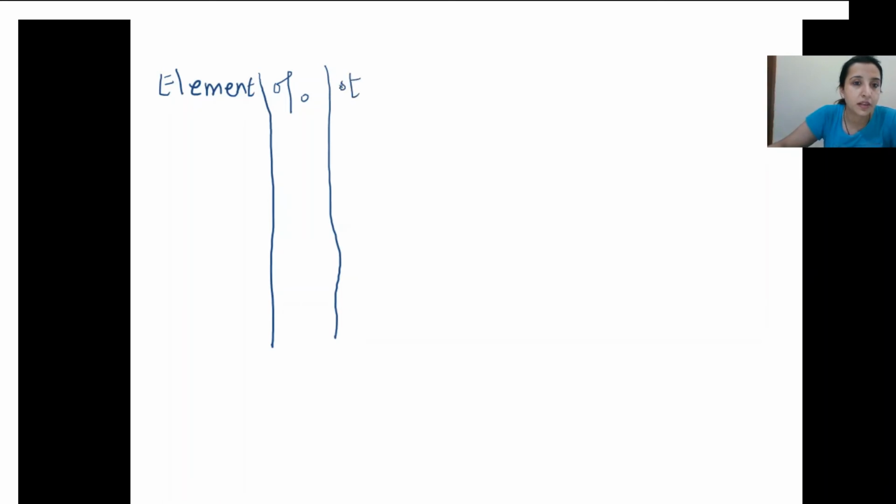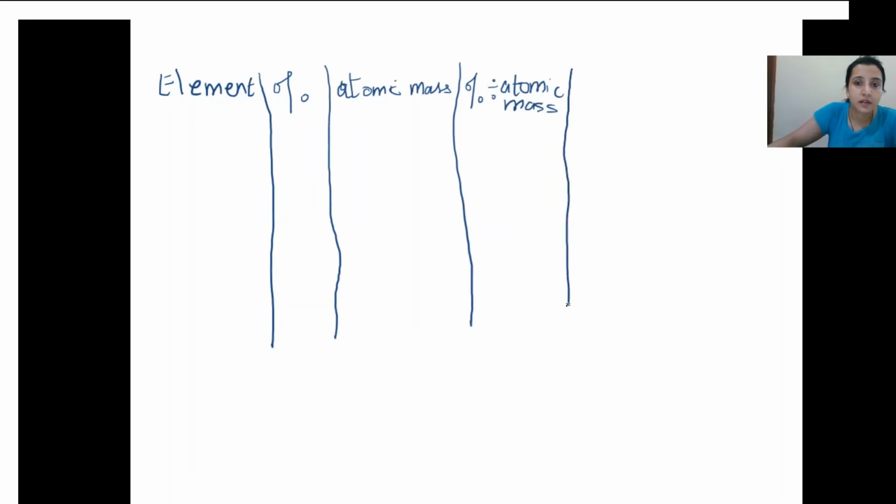Then the atomic mass, then percentage divided by atomic mass, and then comes our simple ratio.